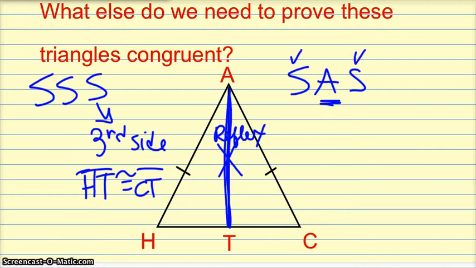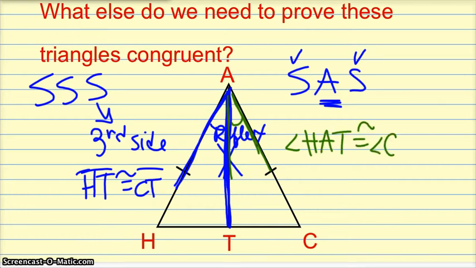I would need the included angle. Side, side, so it's got to be the top one. Angle HAT would have to be congruent to angle CAT. And again, you can't just call it angle A because there are multiple angles at the top for angle A.